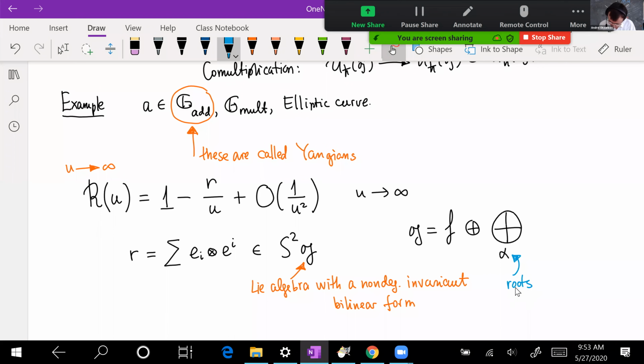Each root subspace G alpha is finite dimensional, and G alpha is dual to G minus alpha in this decomposition. Again, since there is an infinite sum, it is completed in a certain way.